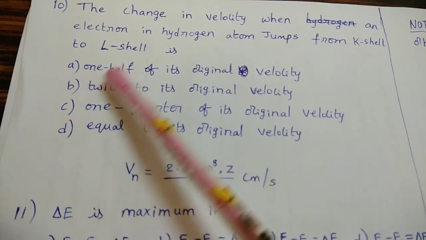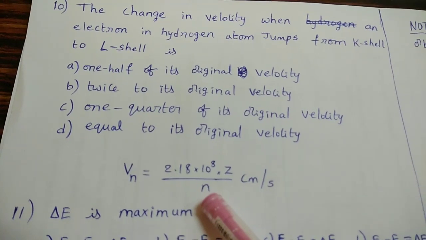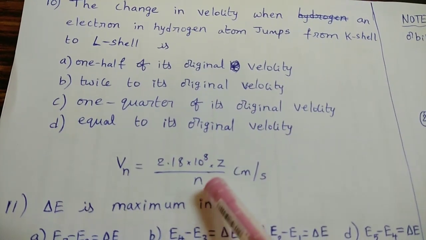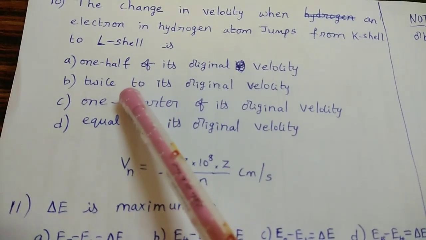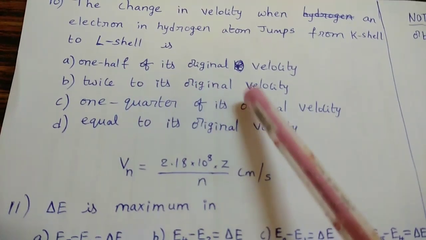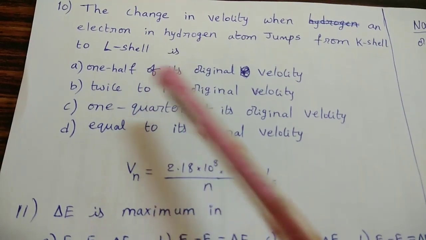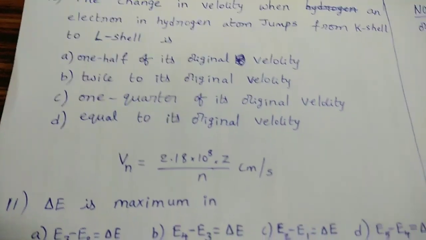Now come to L shell. L means second shell, n value 2. It means we have to divide this value by 2, then we get half of the value. So what is the option? Compare it to first shell velocity, second shell velocity is half value. So option B is the answer.